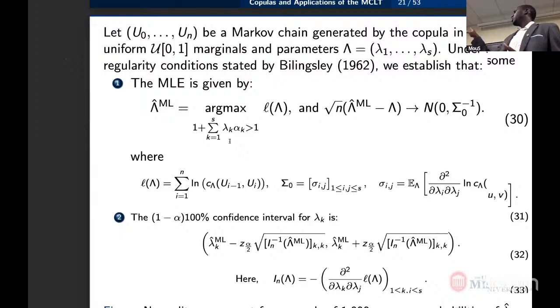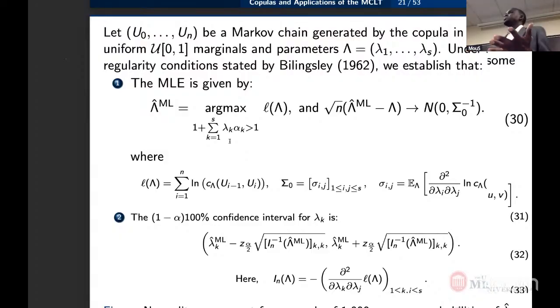This L of lambda is the log likelihood function based on that copula. And you may ask, before we take this L of lambda, did we make sure that this C lambda is positive, because ln does not make sense if you have negative values or zero values?